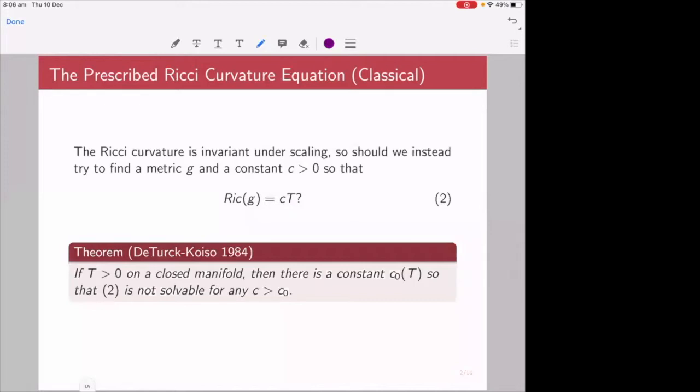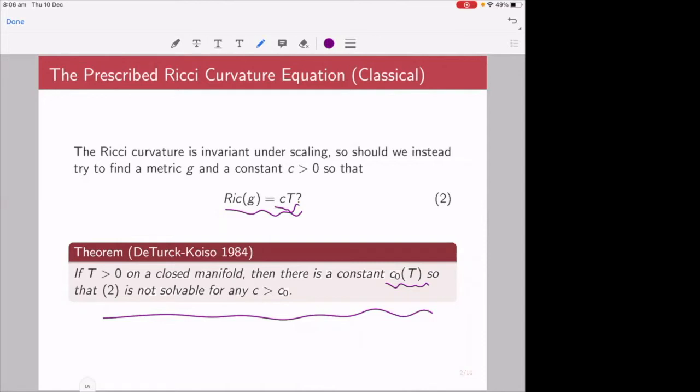Then it turns out that there is going to be some sort of cutoff constant C0 which depends on T, so that if you actually scale T past this cutoff constant, then there's no way you'll ever be able to solve this problem. So when we take this back to the question of can you actually find a constant C solving this problem, this theorem sort of indicates that, well, there is an upper bound to what you would expect C would actually be. So this is a non-existence result.